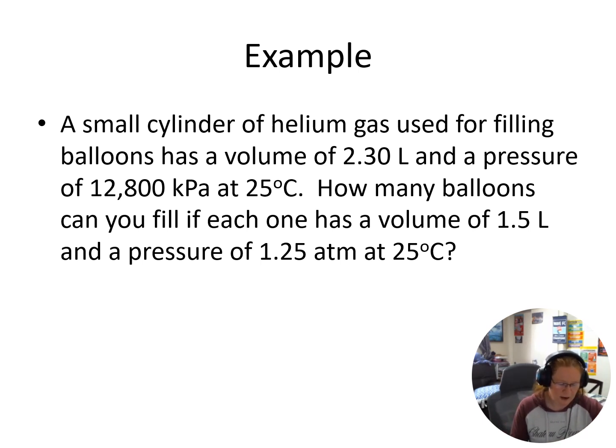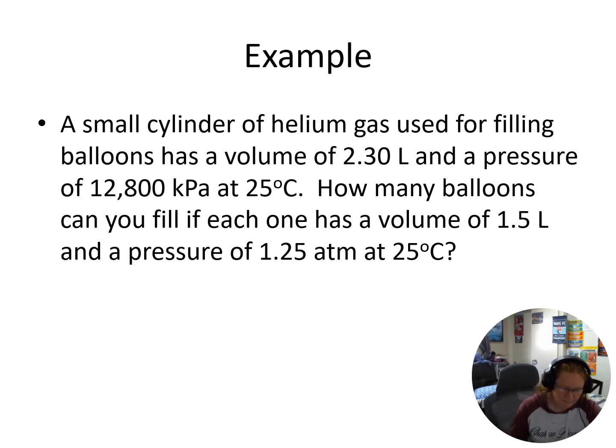I'm going to need to figure out the total volume of helium that I have available to me. And then once I know the total volume, knowing that each balloon has a volume of 1.5 liters at a pressure of 1.25 atmospheres, how many balloons can I fill?